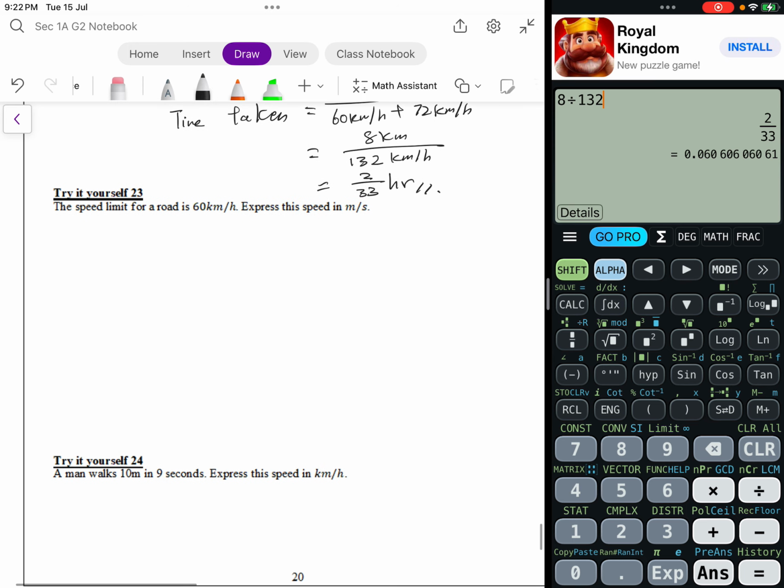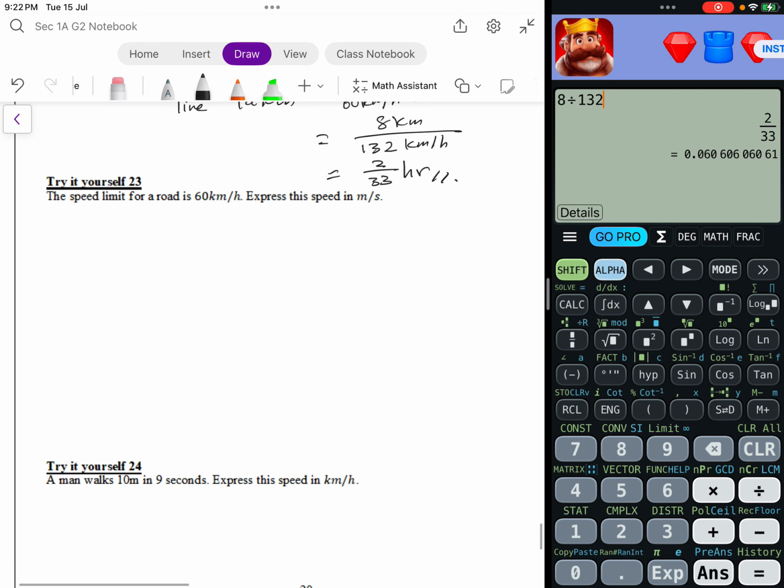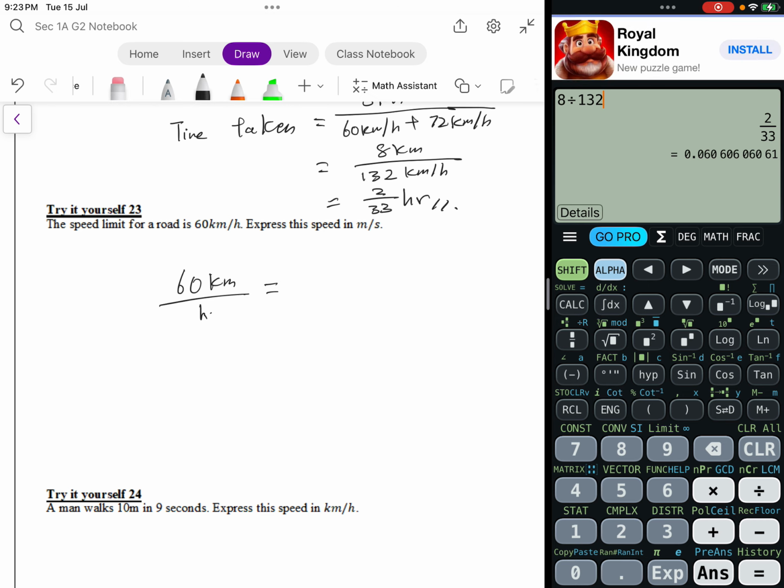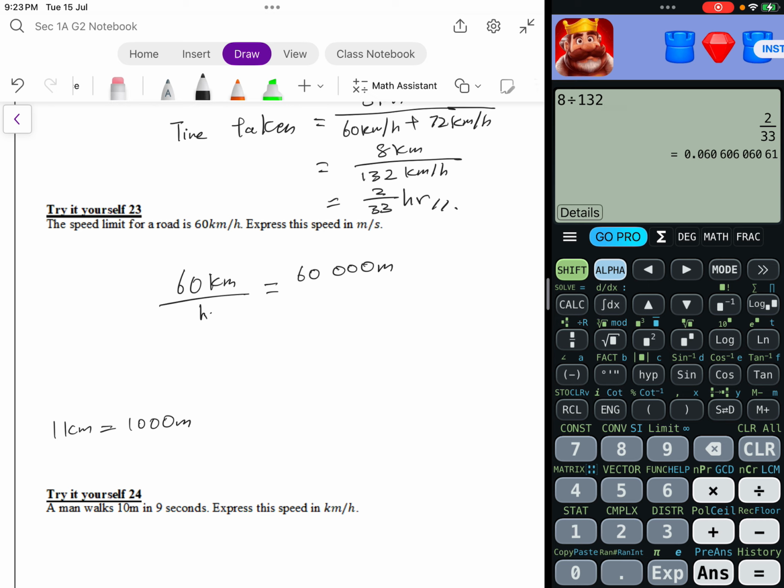Okay, so try yourself 23. The speed limit for a road is 60 kilometers per hour. How to express it in meters per second? So 60 kilometers per hour, right, is 60 kilometers per 1 hour. I want to change this to meters. I know that 1 kilometer is 1000 meters, so convert to 60,000 meters. 1 hour is 3600 seconds.